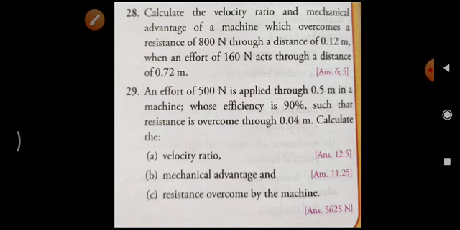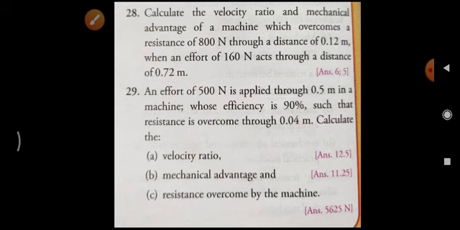Yes, so the mechanical advantage we have already found. Now the resistance overcome by the machine, that means the load overcome by the machine, we need to calculate. We know that mechanical advantage is equal to load divided by effort. Mechanical advantage we have already found, 11.25. Effort is already there, that is 500 Newton only. Then what else do we have to calculate?